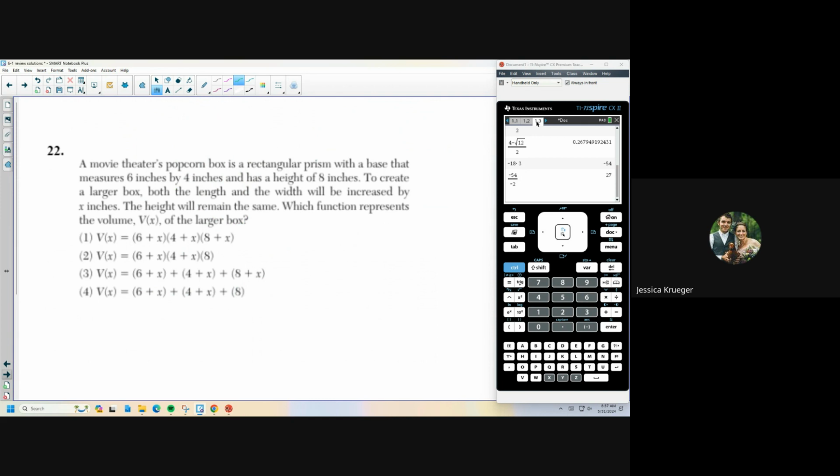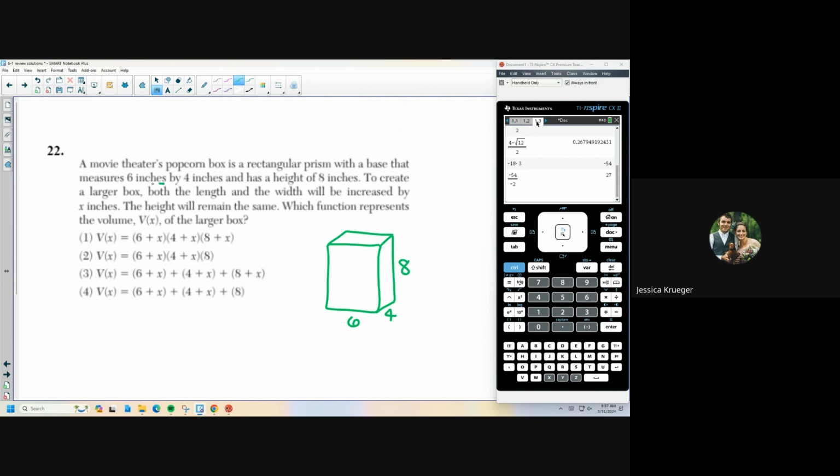Okay. A movie theater's popcorn box is a rectangular prism with a base that measures 6 inches by 4 inches. So we've got a box here. The base measures 6 inches by 4 inches, and the height is 8 inches.